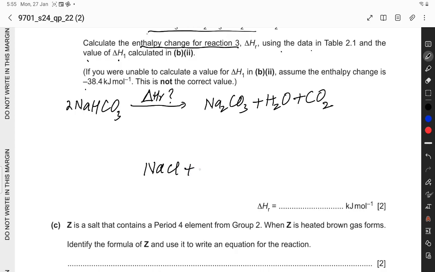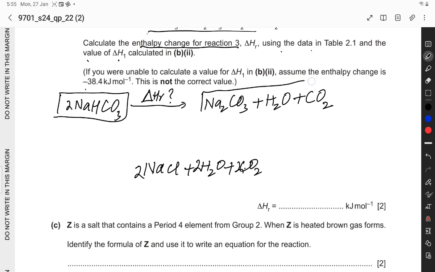NaCl plus water plus carbon dioxide, 2 moles of NaCl and 2 CO2. So make 3 boxes.